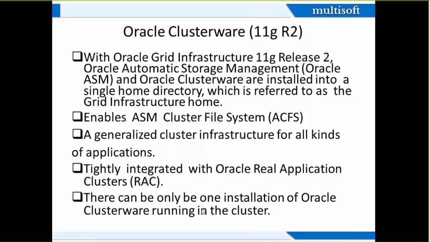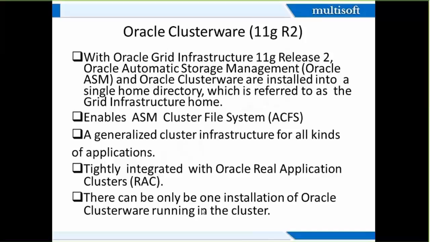Prior to 11G R2, the grid home and the ASM home were both installed in separate home directories, right? But with Oracle Grid Infrastructure 11G R2, both homes have been combined in a single home directory, right? There is no need to install separately. Automatically that will include ASM and the clusterware. Both are installed in a single home directory.